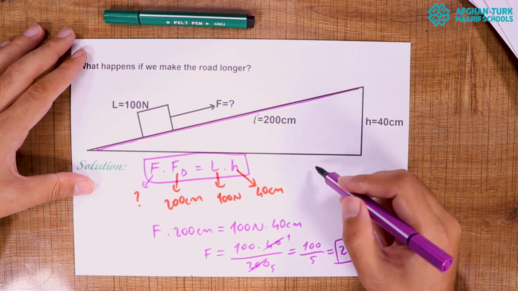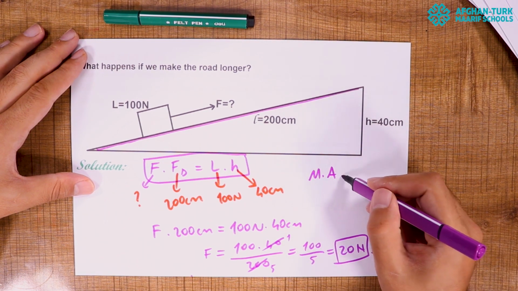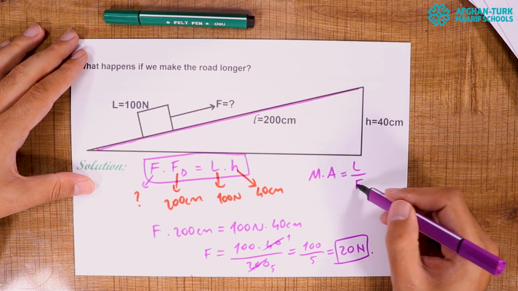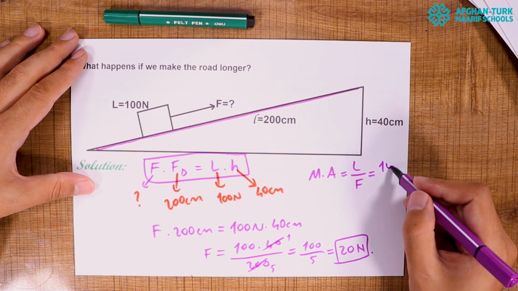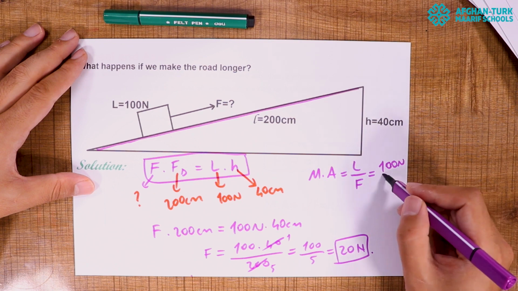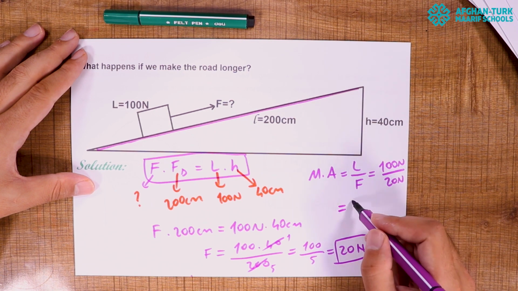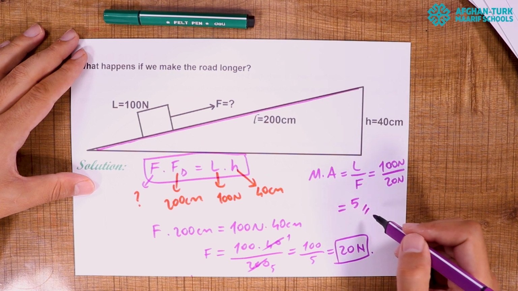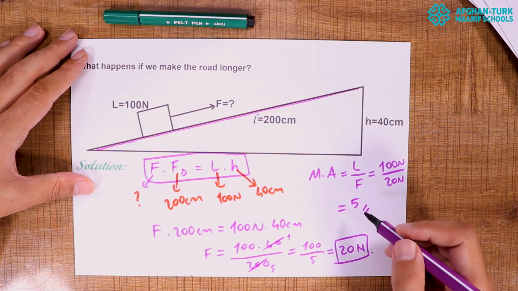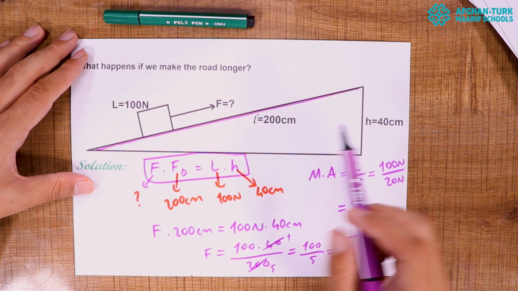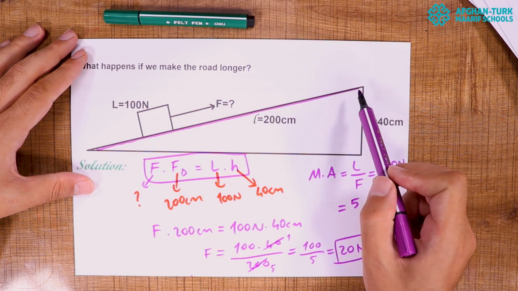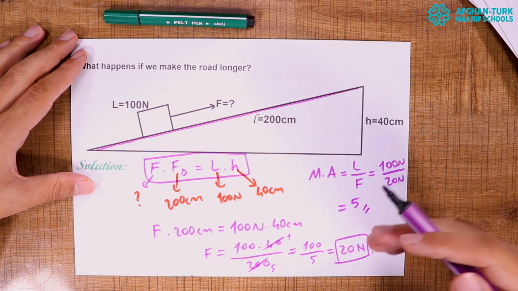So from here I can find the mechanical advantage as load divided by the force, and load is same, 100 Newton divided by 20 Newton. You see, the mechanical advantage will be increased because I make the road longer. So I spent less energy.